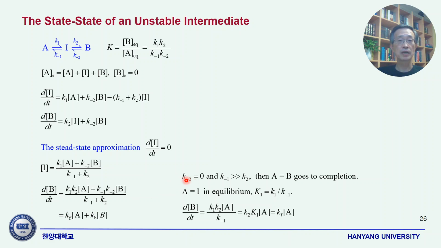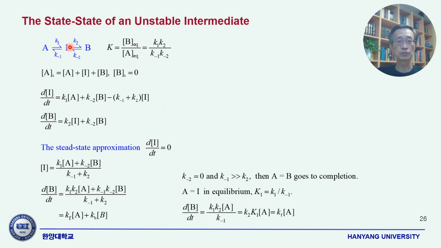Now we assume that, well, there's one case we are examining here: k minus 2 is 0, so there is no going back, and k1 is much greater than k2, let's say. So it's not really productive. But anyhow, if there is a channel to go out and that accumulates, then this goes to completion.